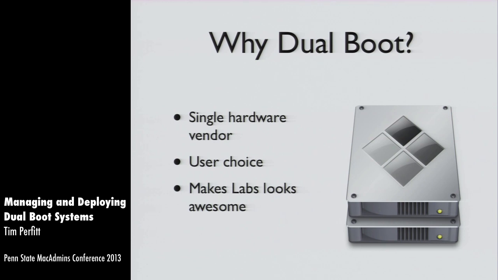User choice, that's a big one that I hear a lot. People talk about allowing the users to choose, as well as the instructors, as well as IT, to have the flexibility. And it makes the labs look awesome. That sounds like a joke, but I've actually been in multiple schools where they use the labs as a recruiting tool, right? You walk in, you have these really nice iMacs, you have these Mac Pros, whatever you have, and it really looks futuristic.